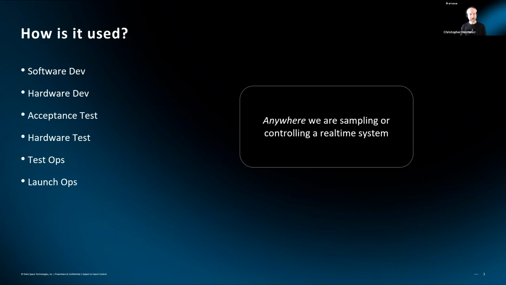So where and how is it used? Well, anywhere we are sampling or controlling a real-time system. And that's, like, period. If we are doing software development, it's on the same stack. If we're doing hardware development, it's on the same stack. If we're doing acceptance test of hardware, it's on the same stack. If we're doing hardware testing, it's on the same stack.